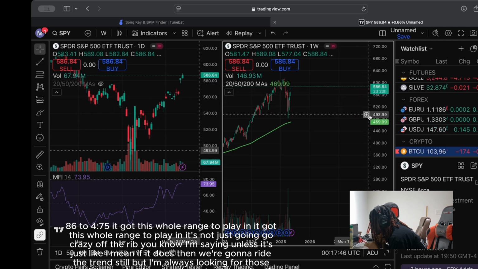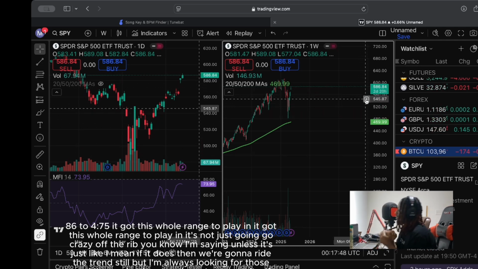It's not just going to go crazy off the rip. You know what I'm saying? Unless it does, then we're going to ride the trend still.